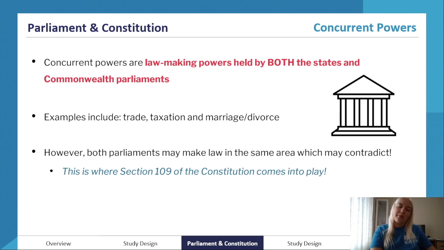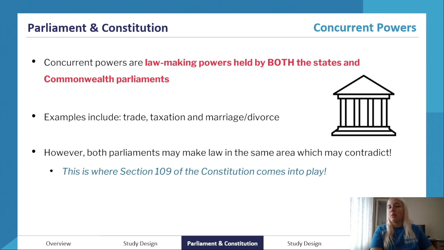So if we look at Commonwealth Parliament level, that would include the tax you get on your income and your tax return. That is a Commonwealth level law that applies to everyone. Everyone gets taxed the same all over the country, no matter which state they live in. Okay. However, if you look at state level taxation laws, there are many examples here too.